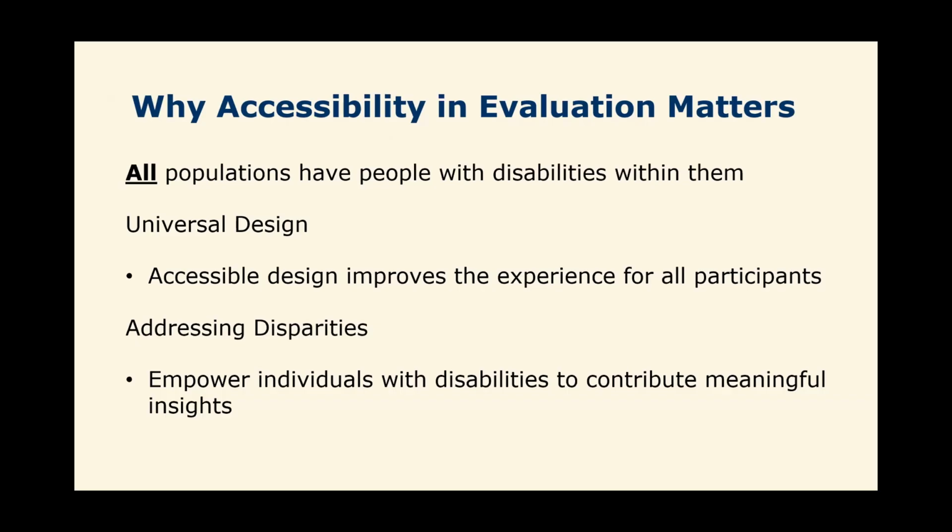From a universal design perspective, this means that our evaluation approach will be more accessible to all of our participants. This isn't just about making this useful for a particular group, but it actually will improve accessibility for people who don't identify as having a disability as well, which I think is a really good thing to recognize as a researcher or an evaluator.